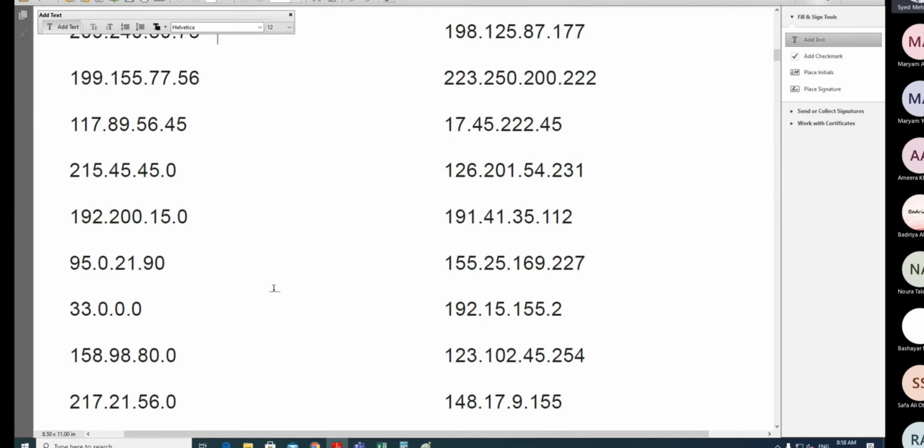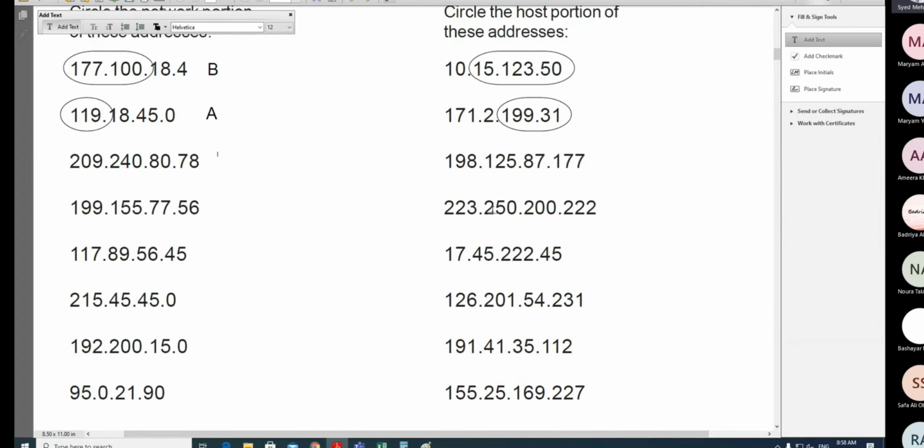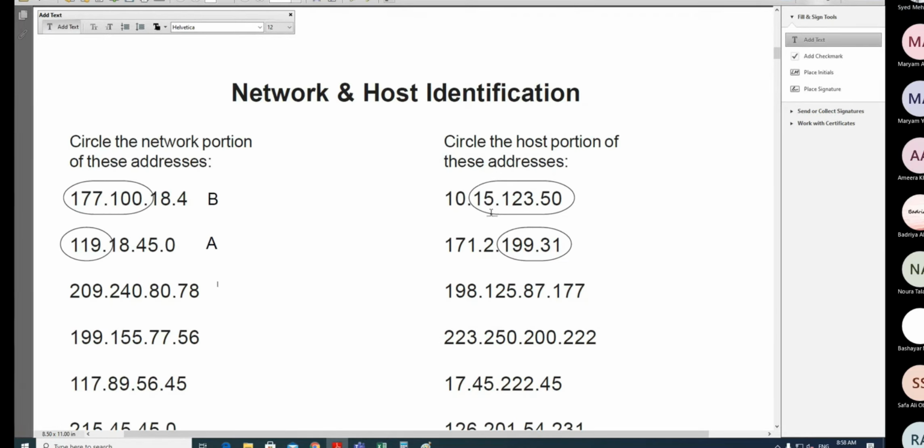Okay, no problem, that's fine. Please try to complete all these things. Take the picture and upload it in the subnetting worksheet folder in MS Teams.